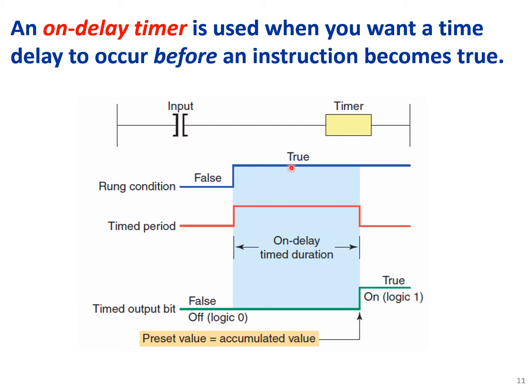So this is similar to the start signal. However, the timer output bit, or the done bit, or the Q bit, goes to true from false, or goes on, after a delay of the preset time value, or the specific time that we have given to the timer. So similar to Codesys, no differences between TIA and Codesys in terms of definition of undelayed timer.